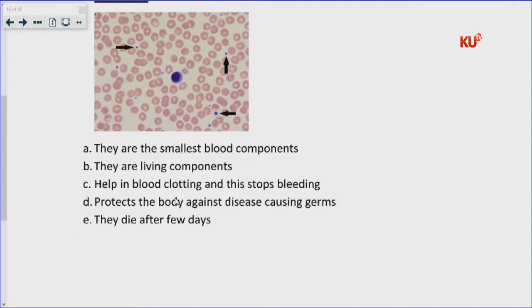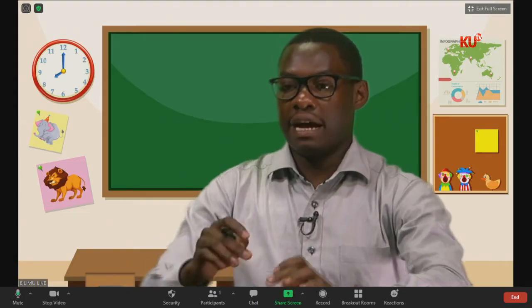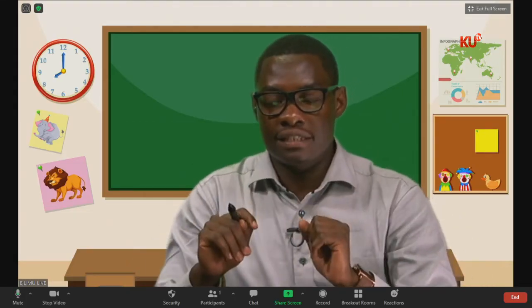They are living components. They help in blood clotting. So this is where I want you to be very keen. The function of the platelets is it helps in blood clotting, and this stops bleeding. It protects the body against disease-causing germs, and they die after a few days. Let me explain how it protects the body against disease-causing germs.